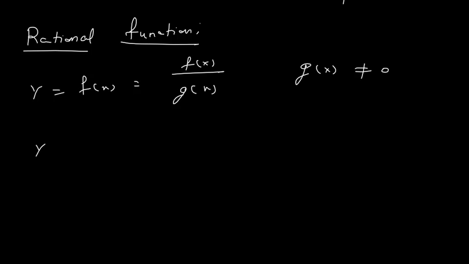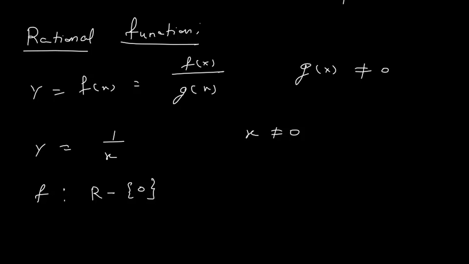We can take a simple example, y is equal to 1 upon x. Now this is a rational function where x should not be equal to 0. x can take any value, but it should not take the value 0. So my function is defined from R minus 0, because x should not be equal to 0.